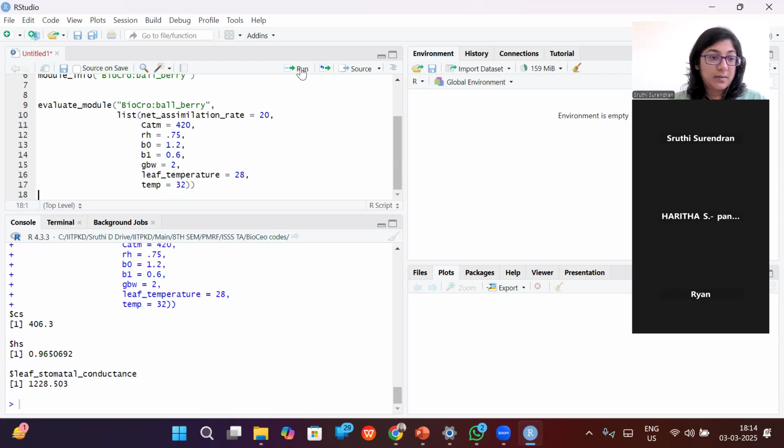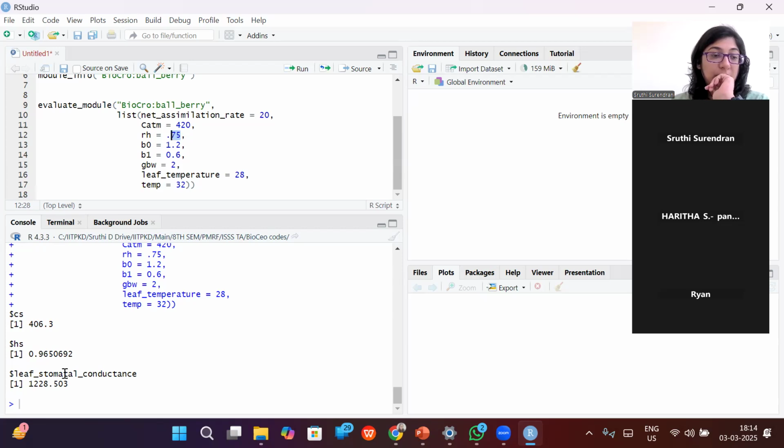Now, when I run this model, you can see that I get the concentration here, 420. The concentration of carbon dioxide on the surface has been reduced to 406.3. The relative humidity at the surface of the leaf is 0.96, whereas we gave a 0.75 value.